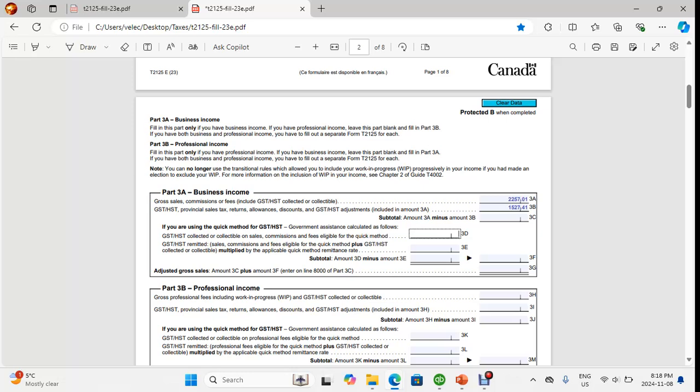When it comes to total collected, let's say you collected $293.41 as part of your sales. And total remitted will be based on your formula, which you may find on your T4002 guide to fill your T2125.